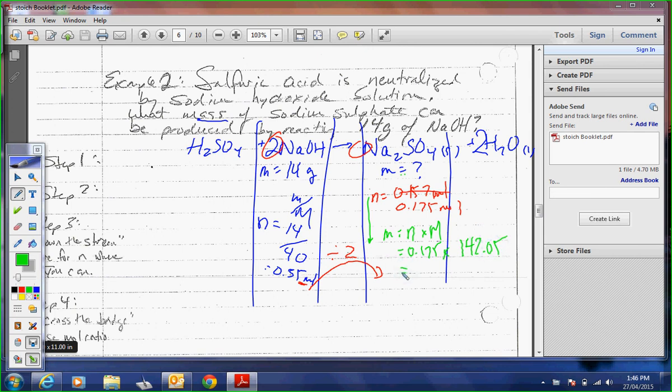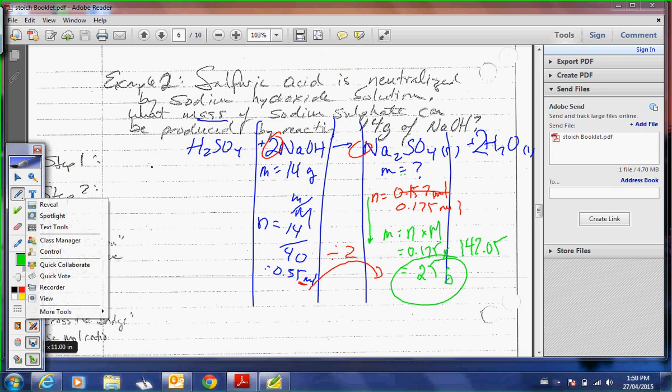Multiply those together and you get what for a mass? 25 grams. Okay? You have to show all your work for those points. And then we'll practice. Tomorrow we're just practicing.